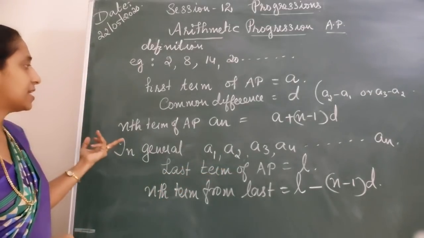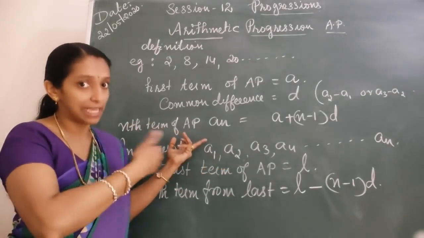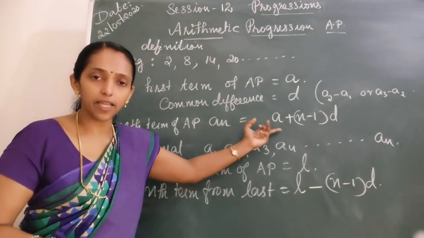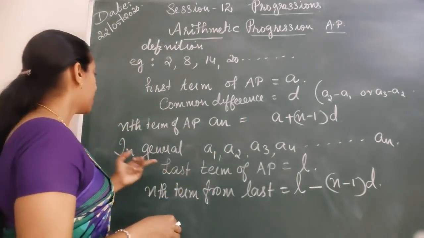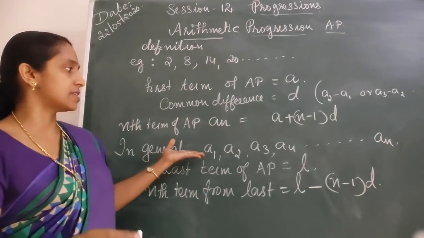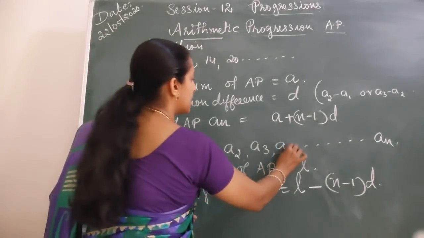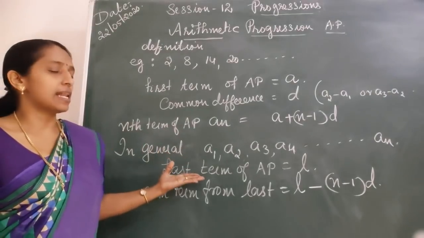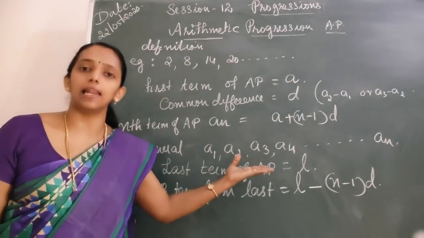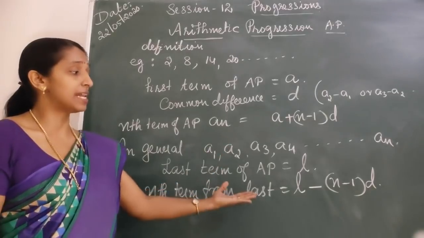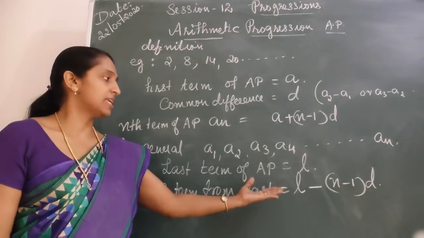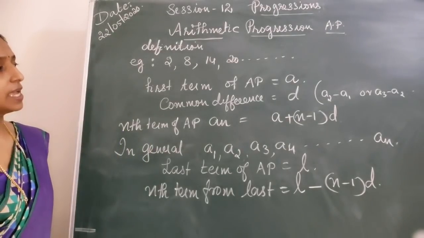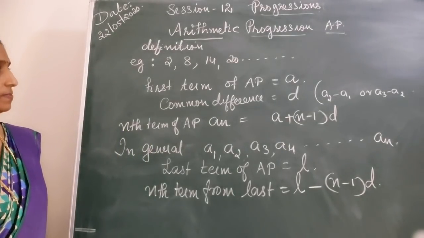Then we can find the nth term of the AP from the beginning, a plus n minus 1 into d, and in general the AP is denoted as a1, a2, a3, a4, etc. If we consider the last term of the AP as l, the nth term from the last will be given by l minus n minus 1 into d. Note down.